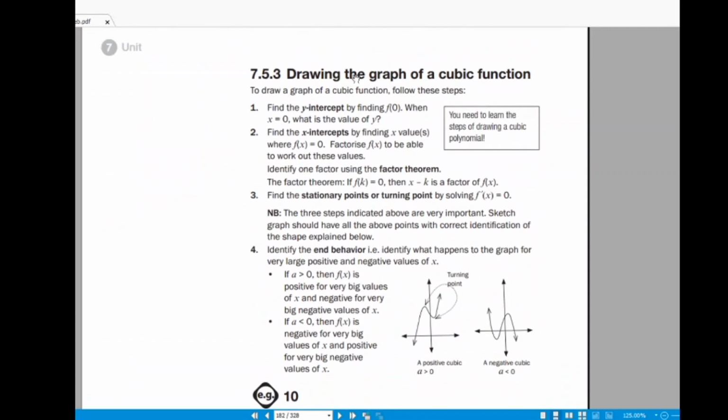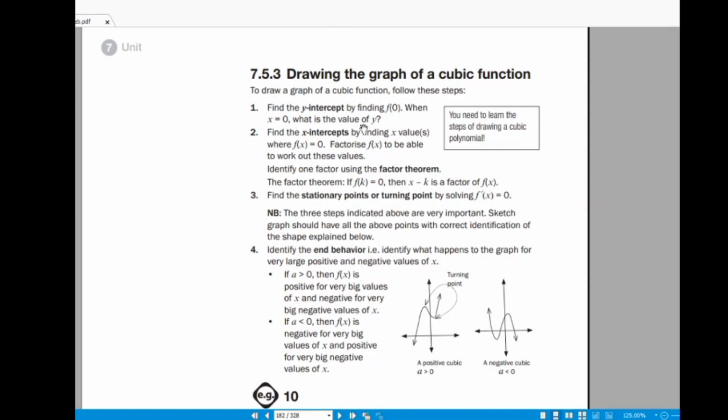And then drawing a graph of a cubic function. To draw a graph of a cubic function, you need to find the y-intercept by letting x be 0. And then to find the x-intercepts, you'll need to let y be 0, and then you'll factorize f of x. You'll need to identify one factor by using the factor theorem.